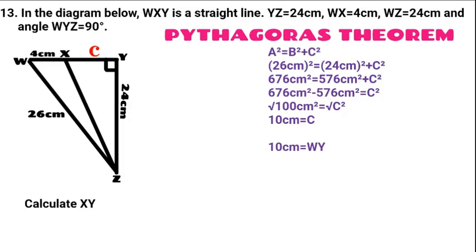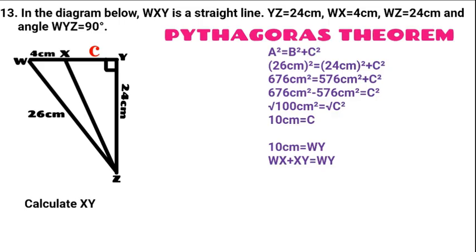So it's more or less like they're adding WX plus XY, which is equal to YW, because WY is divided into two parts. One is 4 centimeters, and the other one is not given, and that's what we want to find out.